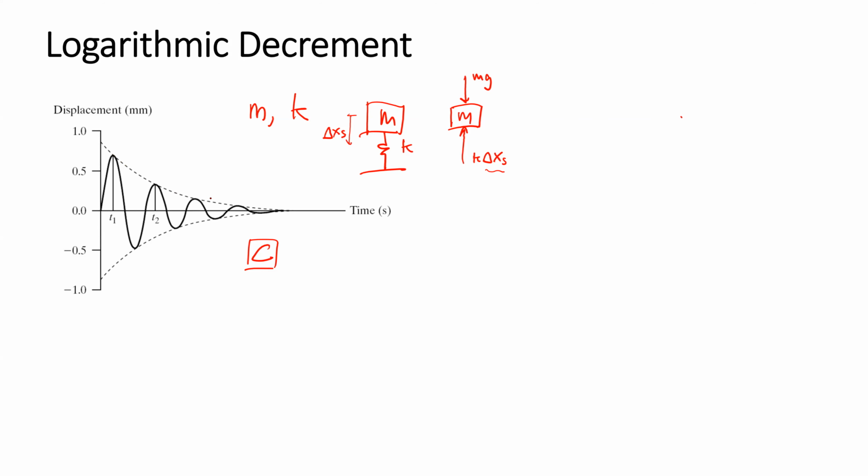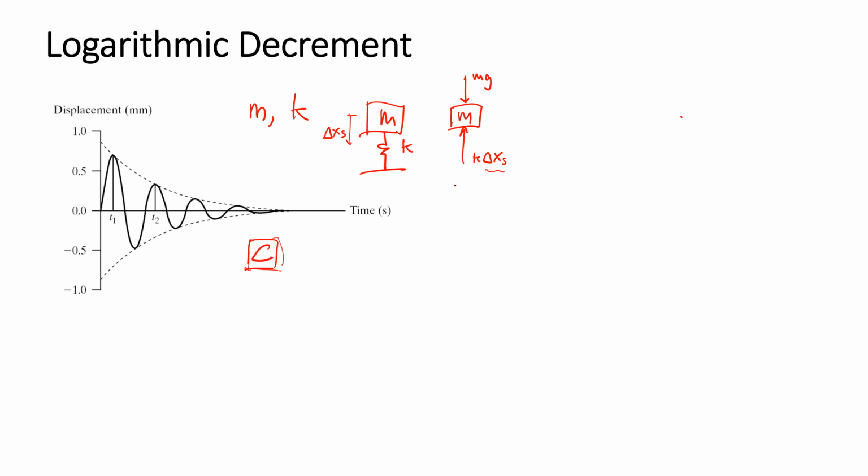You may put an encoder on the system to measure the displacement, and the displacement decreases with the decay. So the value that you read from the displacement, you can use it to compute the value of the damping coefficient.